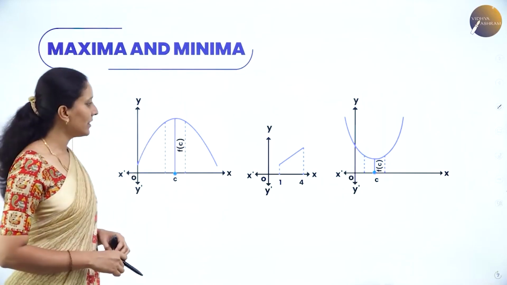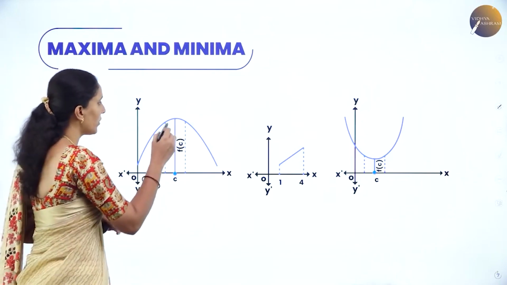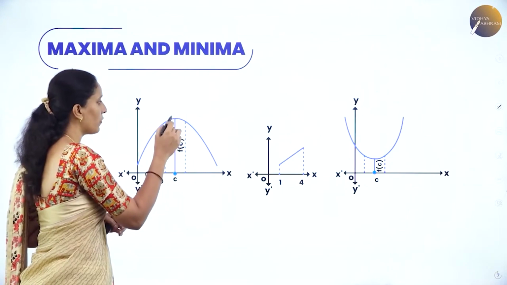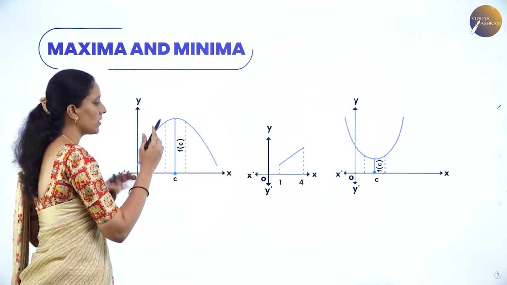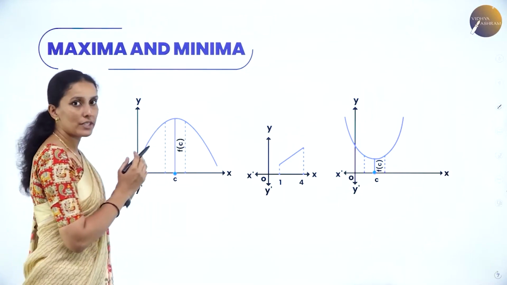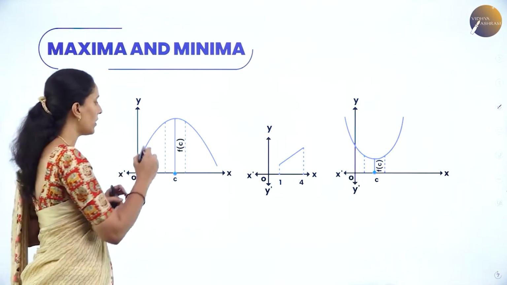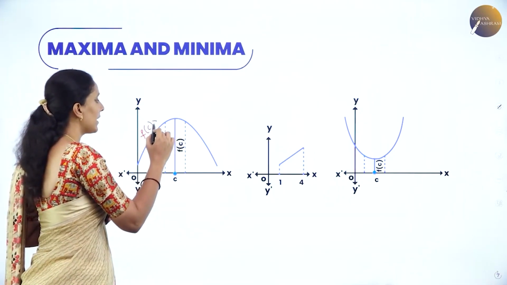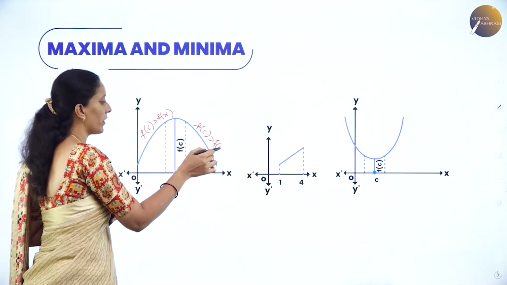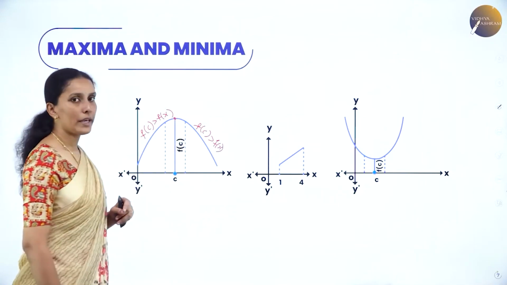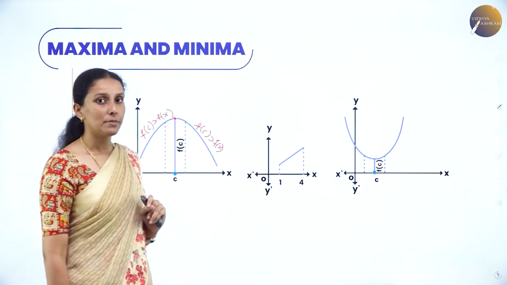So here I have taken three graphs. Based on the definition stated above, we can see here f of c is the maximum value, and to the left or right of c, you can see the functional value is less than f of c. So here also f of c is greater than f of x, and here also f of c is greater than f of x. Thus this point will be the maximum value and c is called the point of maximum value.